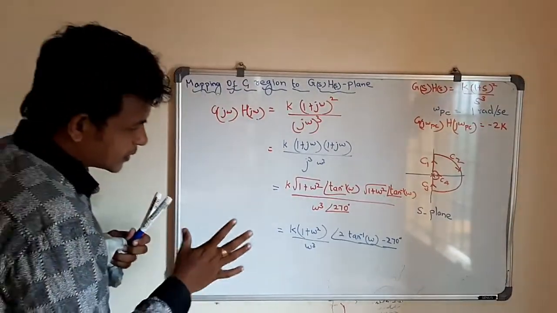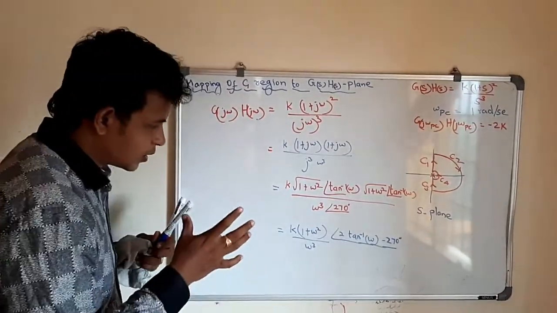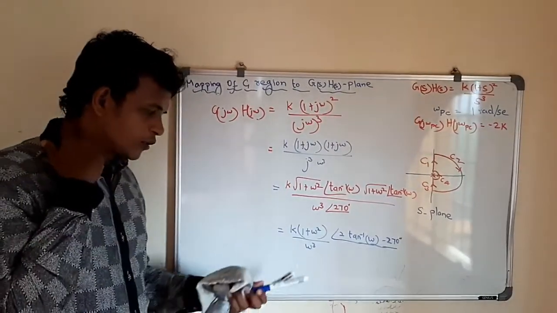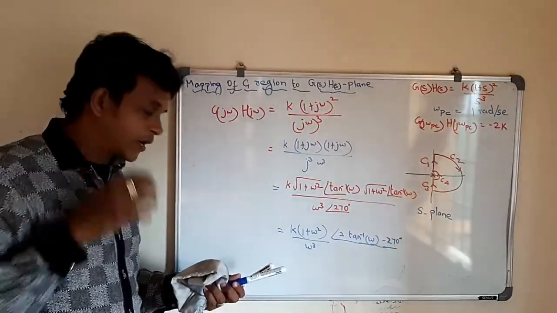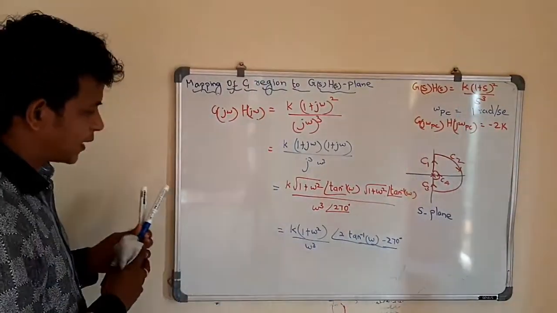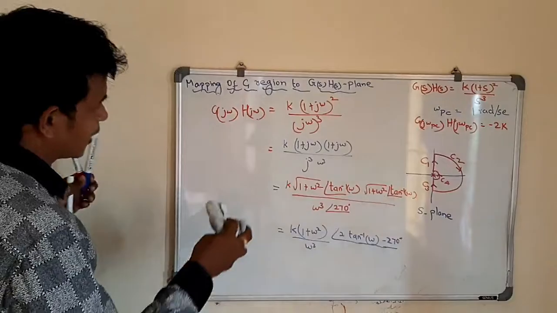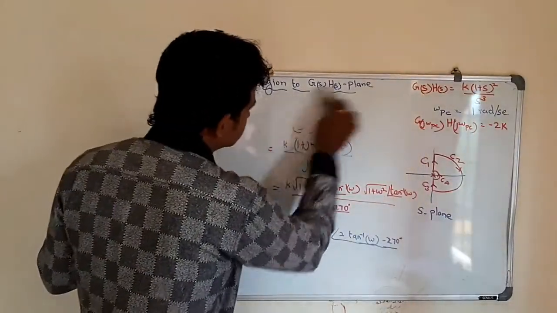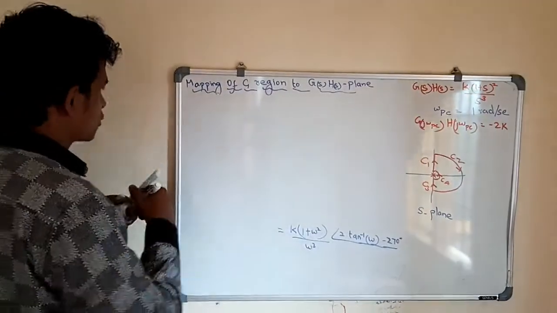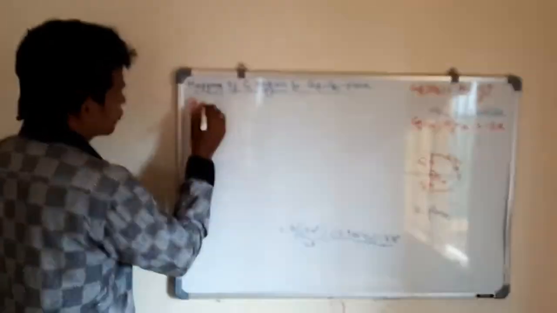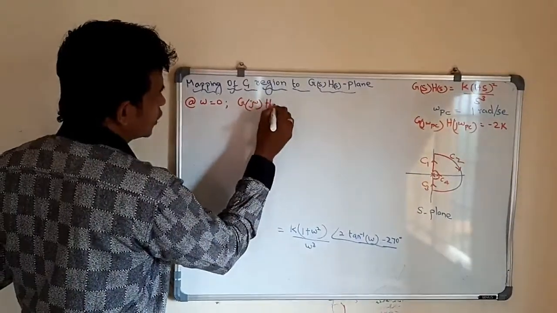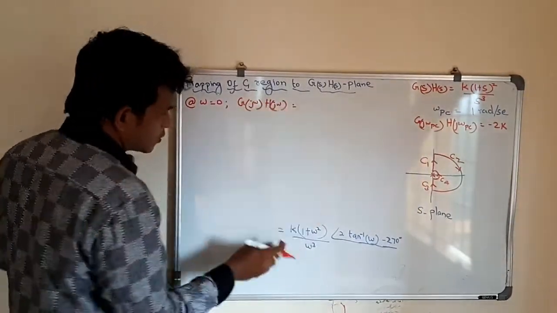This is the equation which is used to plot the polar plot, and in this equation I am going to substitute omega equal to 0 and omega equal to infinity, and derive the magnitude and the phase separately. At omega equal to 0, g of j omega into h of j omega has 0 in the denominator.